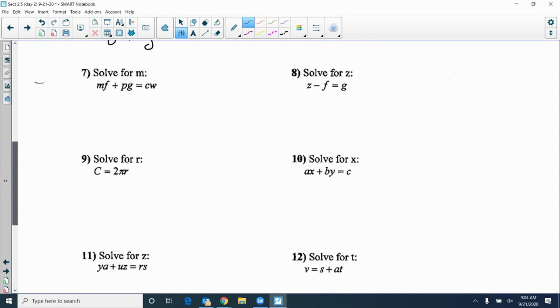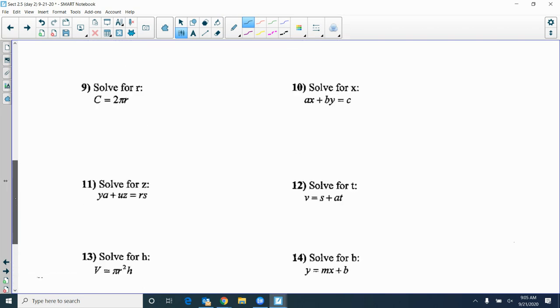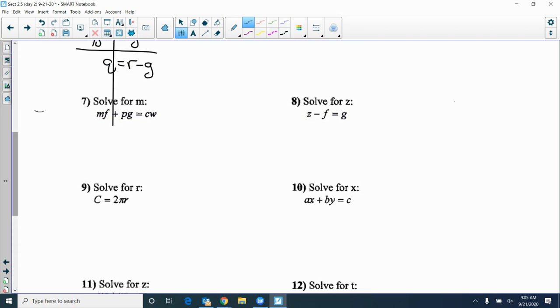Number 7, I need to solve for M. So I'm gonna have a 2-step equation here. Zach, go ahead. First, you subtract PG from both sides. Since the P and G are already together, but I'm not solving for one of those letters, I can just take the whole thing and subtract it from the other side. So subtract PG. Zach, tell me what to write here. Then it would be MF equals CW minus PG.